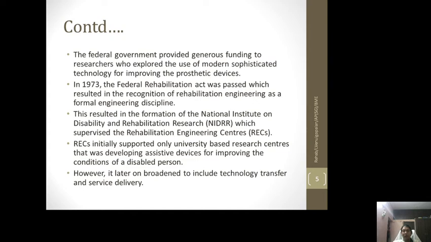However, later on, they broadened their horizons by including technology transfer and service delivery as well. So this enabled people to actually sell the product if it was good enough and if it was helping the intended patient population, then the RECs supported them to market the device and sell it.